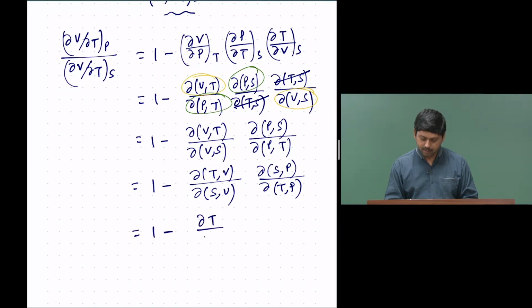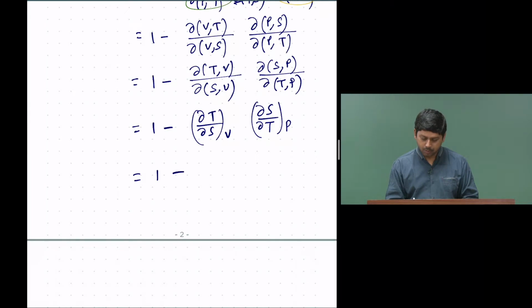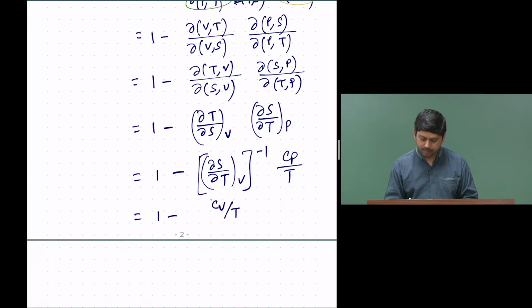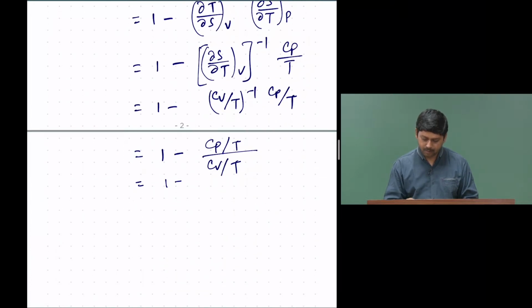So, I will write del T by del S at a constant V, and I write del S by del T at a constant P. So, you know that this is the inverse of del S by del T at a constant V, and del S by del T at a constant P is nothing but, we know, C P by T. So, 1 minus, and this was C V by T inverse, and this is C P by T. So, what we get here is 1 minus C P by T divided by C V by T, which is 1 minus C P by C V, which is 1 minus gamma.